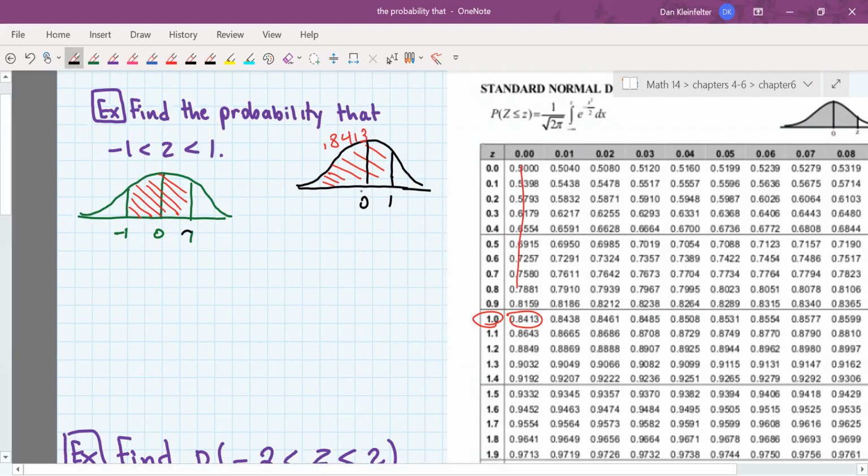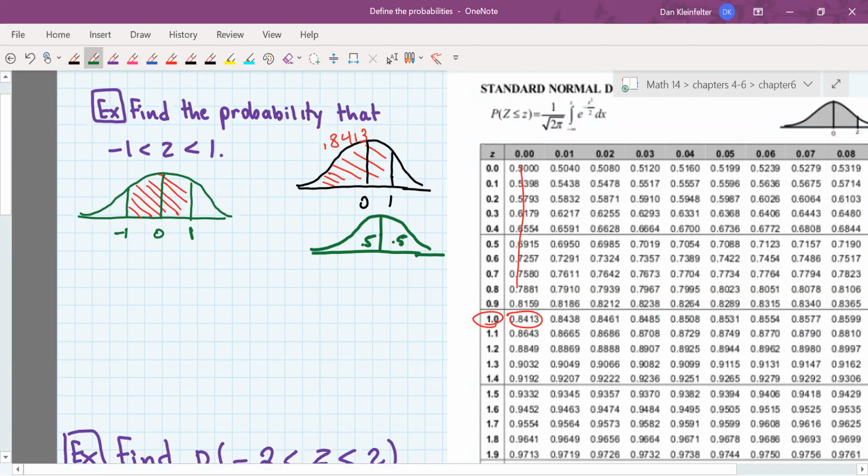We want, though, not all of that area. We want just the area from -1 to 1. So we need to think about how to cut up this area and use it to help us get the area that we truly want. The area under the whole curve is 1. If the area under the whole curve is 1, then half of it has to be on either side of the mean, right?